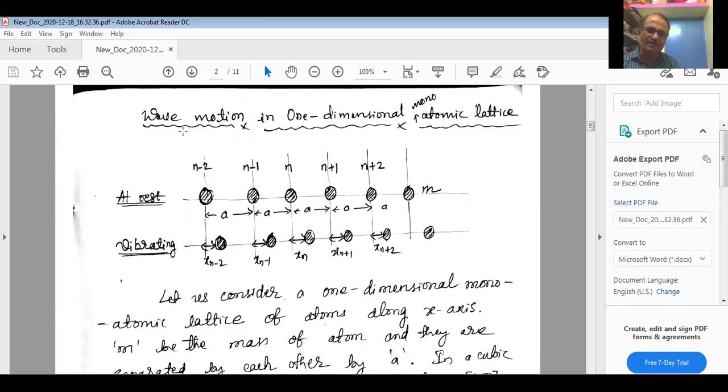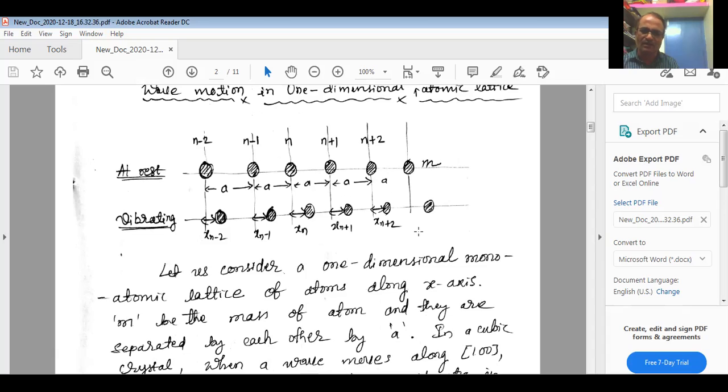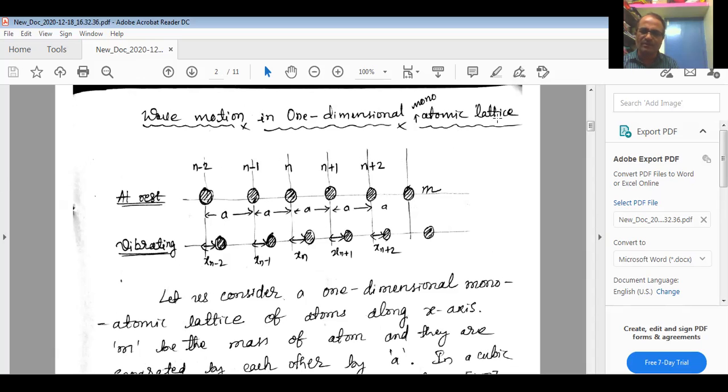So this is the actual topic. We are considering wave motion in a one-dimensional monatomic lattice, shown in this diagram. The meaning of lattice is a three-dimensional arrangement of atoms in a periodic way in space.